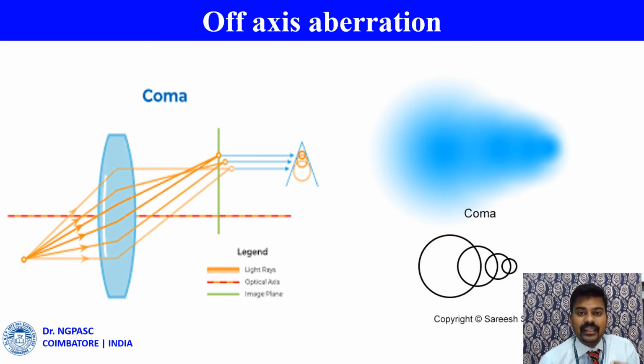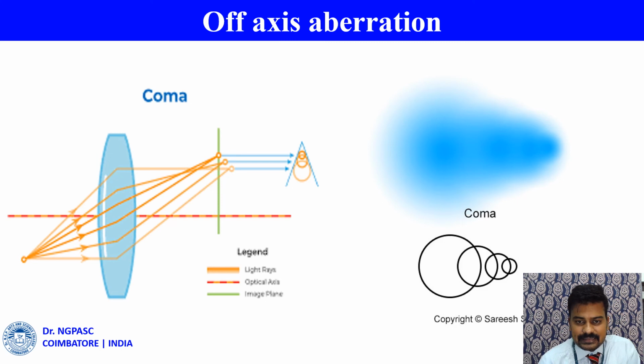like a comet's tail. Here you can see the spherical object is placed here. The same spherical object appears at the focal point, but at the edge of the lens it is focused somewhat behind the focal point.